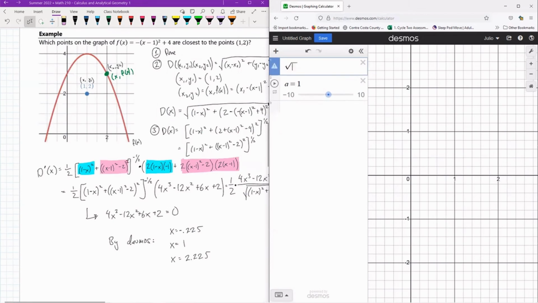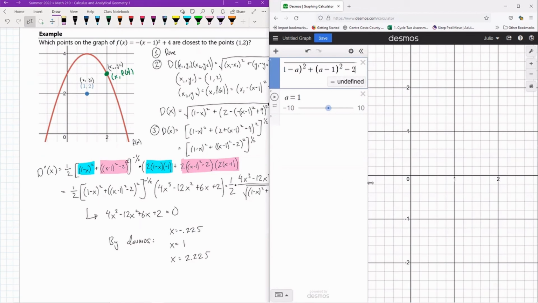So this is the square root of 1 minus a squared, and I'm going to use the shortened version, this one right here, plus a minus 1 squared minus 2.